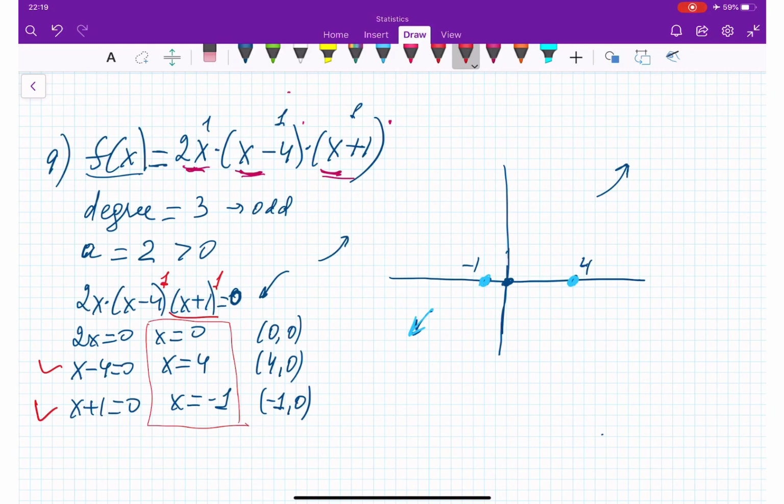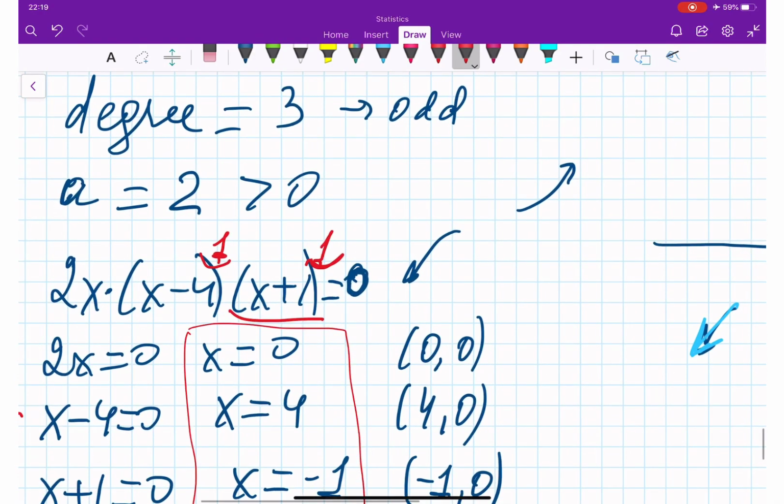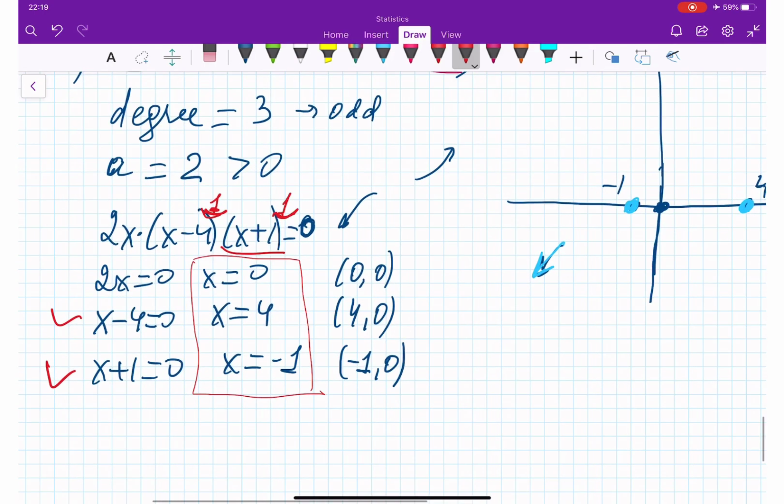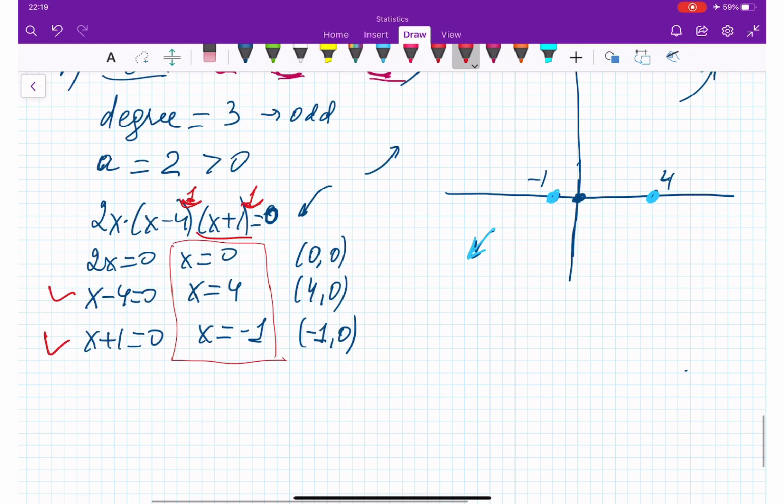Now, when these degrees, exactly these ones I'm talking about, are odd, then at these points it's gonna cross either from left to right, or from right to left. How are we gonna figure it out? This is when it's odd.